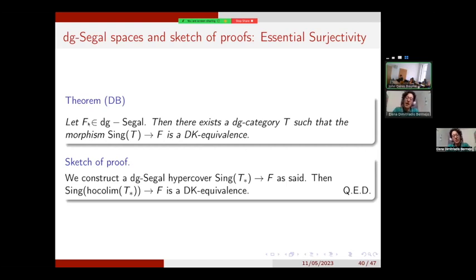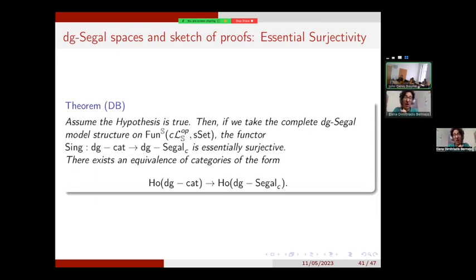If we have F a DG simplicial space, then the sing in this theorem is going to be the sing of the homotopy colimit of the T's in the hypercover. Again, we can't prove that this is a weak equivalence. We can only prove that this is a DK equivalence, which is why, again, we need our hypothesis to be true.